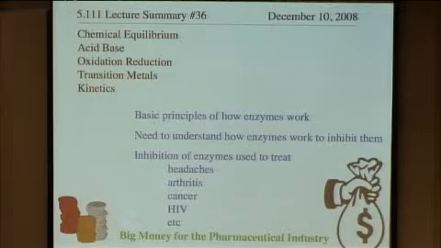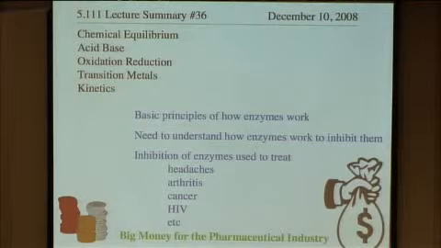This is true of students and faculty during finals week. Some of the treatments for headaches are geared toward enzymes called prostaglandin synthases. They inhibit those enzymes from working, and that gets rid of your headache.